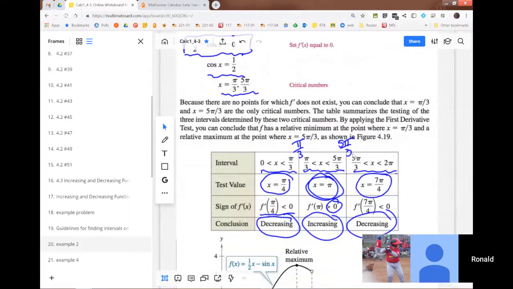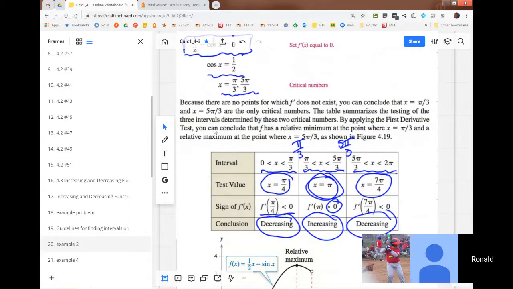You've basically got three portions this is divided into: to the left of pi over 3, between pi over 3 and 5 pi over 3, and to the right of 5 pi over 3. Then you just pick a test value that's less than pi over 3. They pick pi over 4. What's the derivative at pi over 4? Look right below it.